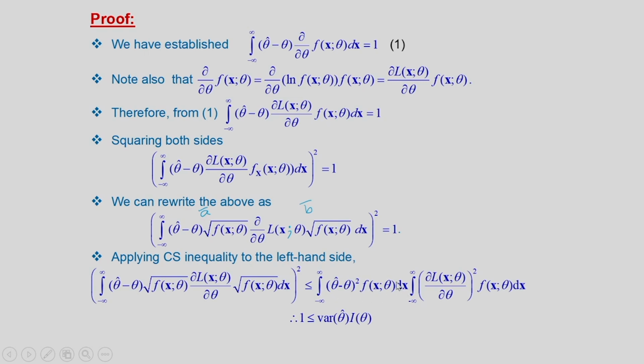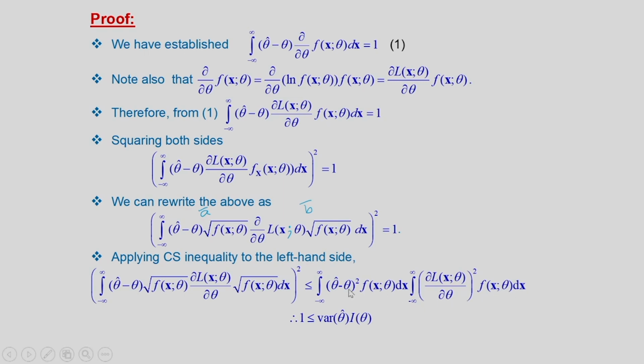So, this is the first norm square, and the norm of the second function squared will be the integration from minus infinity to infinity of (del L del theta) whole square into f(x, theta) dx.